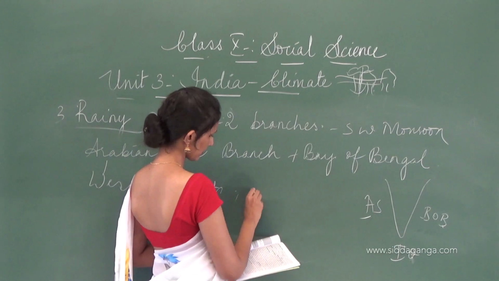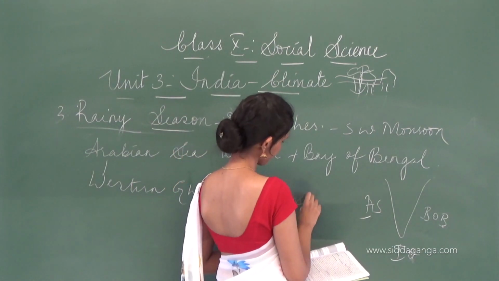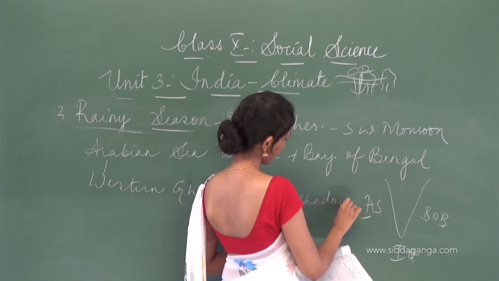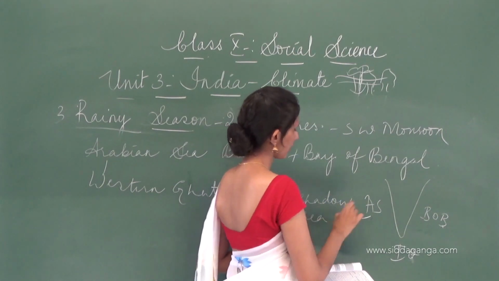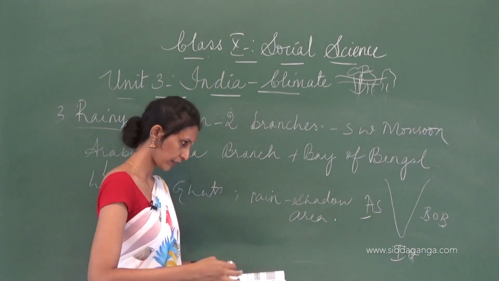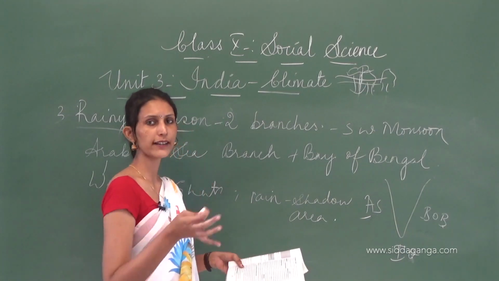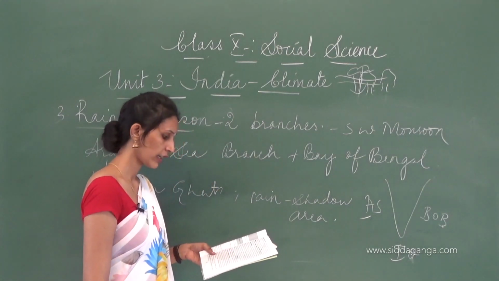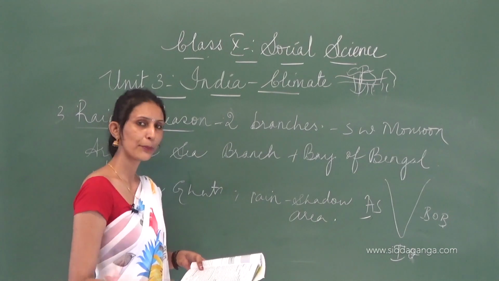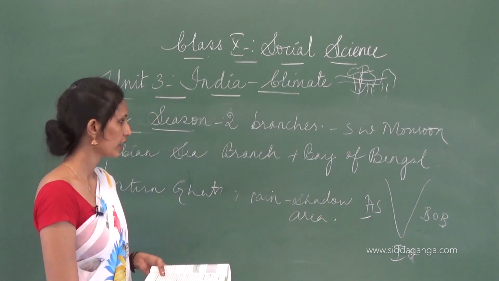As it decreases, it is called the rain shadow area. So, the western side is receiving rainfall. When it comes to the eastern side, it becomes less, and that whole area is called the rain shadow area. Whereas the Bay of Bengal branch causes heavy rainfall.